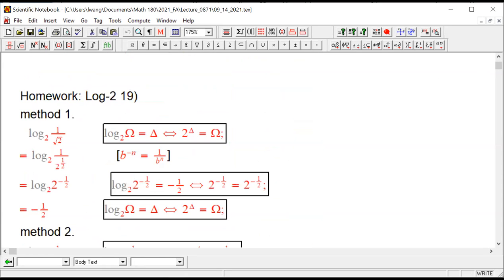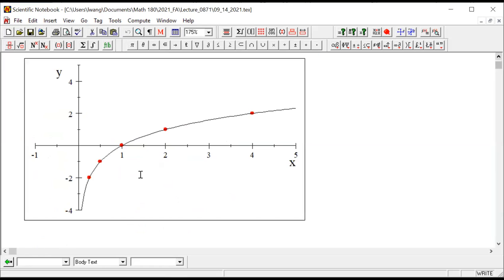Those outputs will be here, getting lower and lower. Remember we pointed out yesterday? As x gets closer and closer to 0, what happens to the output? The output is getting smaller and smaller, infinitely.